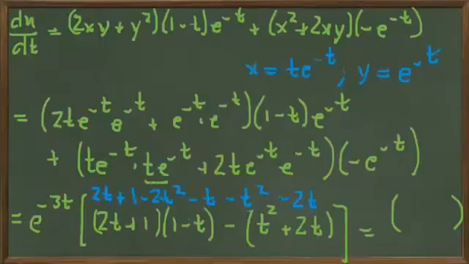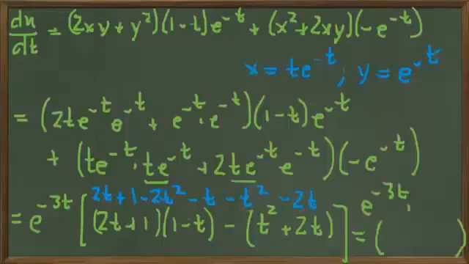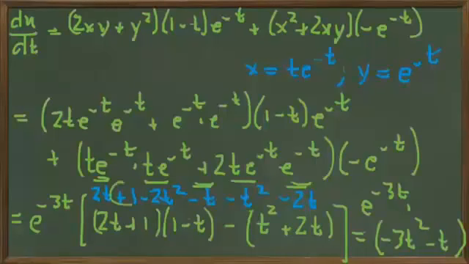Let's collect the t squared terms, which are minus 3t squared, and the t terms, which are here and here and here, so that's minus t, and there's only one constant term right here, a plus 1.